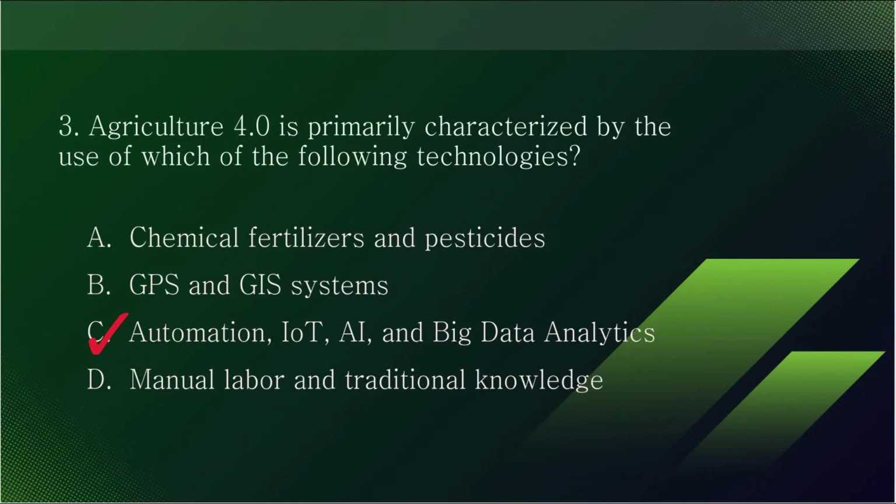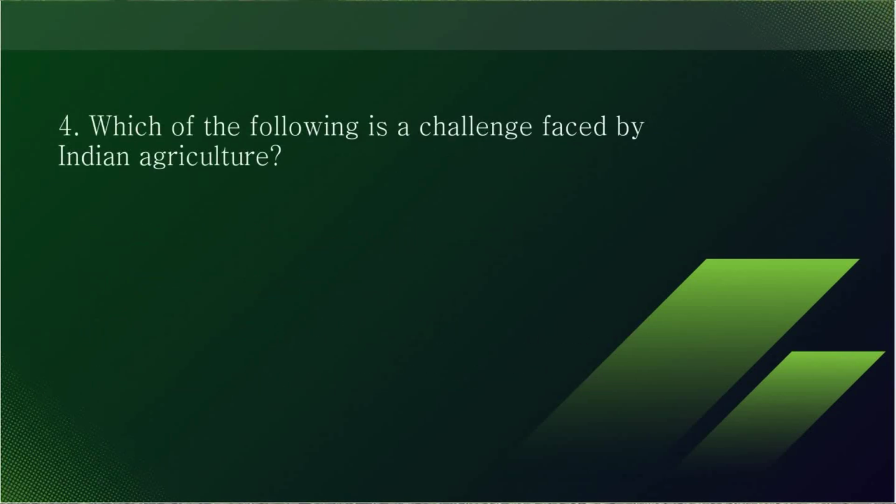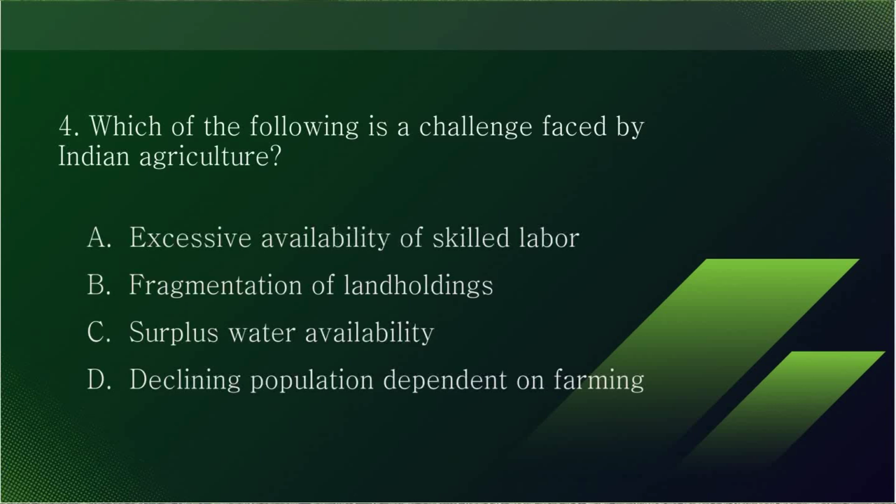Then the next question is, which of the following is a challenge faced by Indian agriculture? The first one is excessive availability of skilled labor. Then the next is fragmentation of land holding. The third one is surplus water availability. And the fourth is declining population dependent on farming.